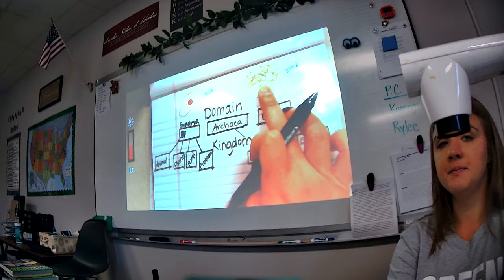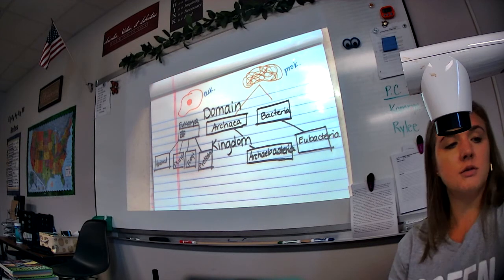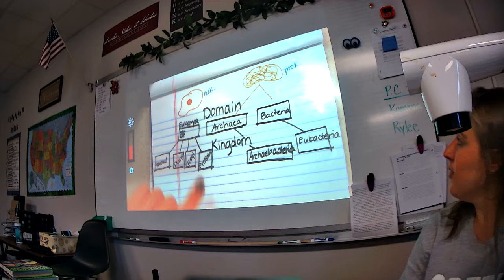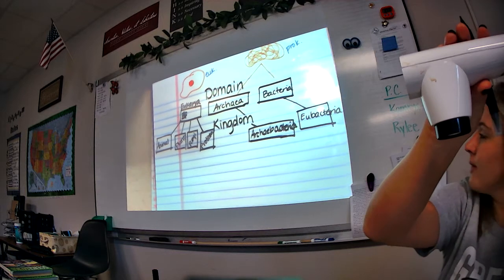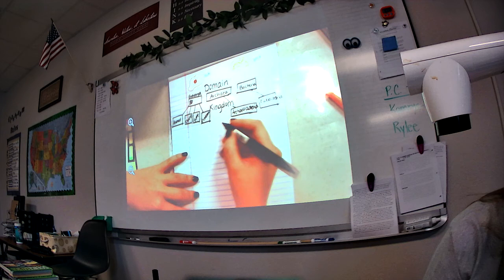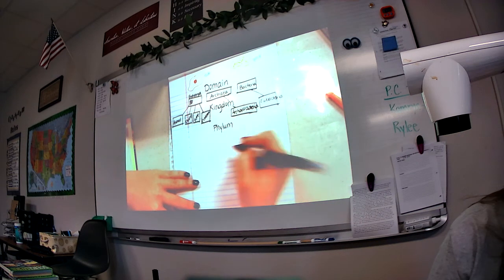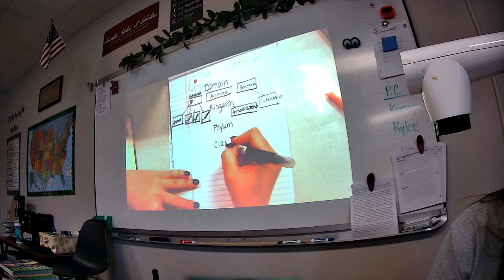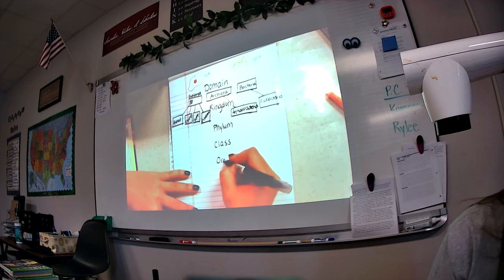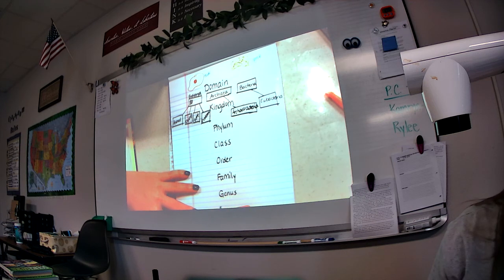Now, after domain, yikes, that was too dark. After domain and kingdom, the rest of the classification levels go like this. We have domain, kingdom, then we go to phylum, then we go to class, order, family, genus, and species.